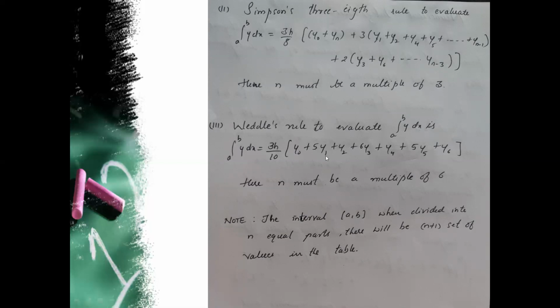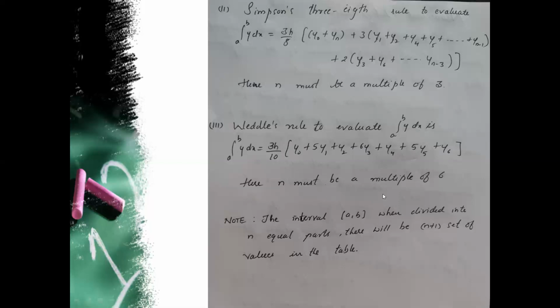We write y0 plus y1 plus y2 plus y3 plus y4 plus y5 plus y6. Just write them serially with plus signs. Then multiply them by the coefficients. What are the coefficients? 1, 5, 1, 6, 1, 5, 1. Remember 1516151. So if you multiply these coefficients to these y terms, then we get Weddle's rule.